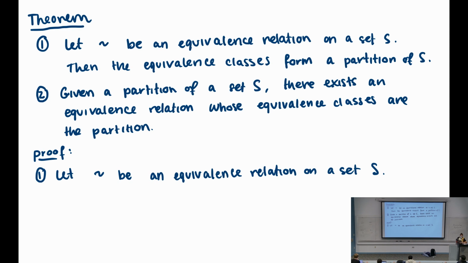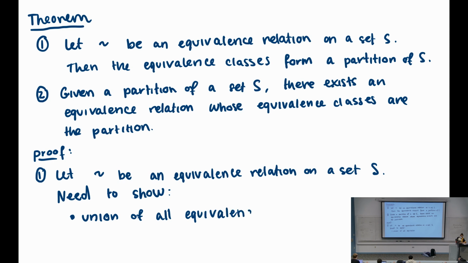So what we need to show is the following. We need the union of all equivalence classes is S. What else do we need to show for this to be a partition?